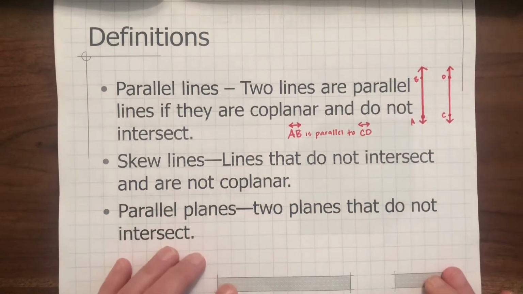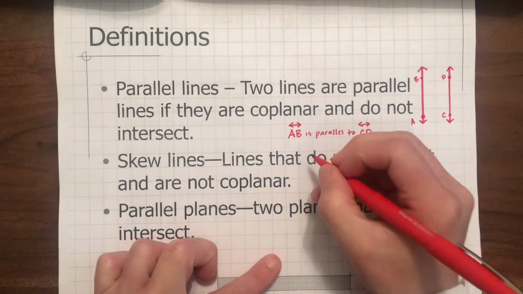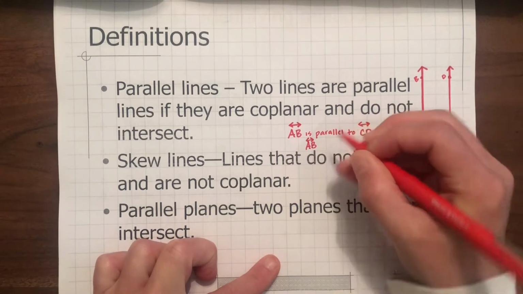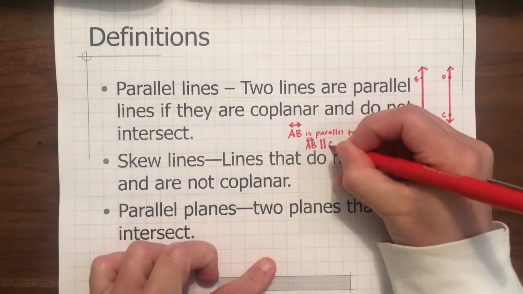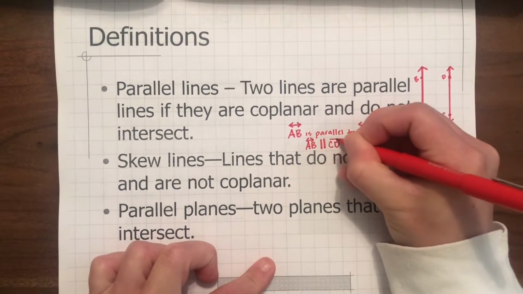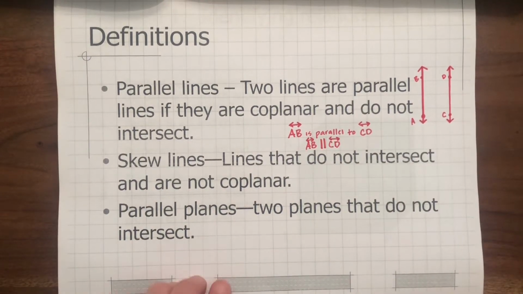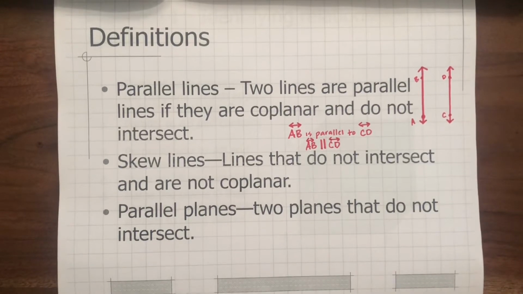Okay? Well, there's another way to write it. Instead of writing all of these words in between, you're going to write AB, line AB, is parallel with those two lines straight up and down, CD, line CD, okay? So there's two ways to write that for our parallel lines. All right, so we're done with parallel lines.